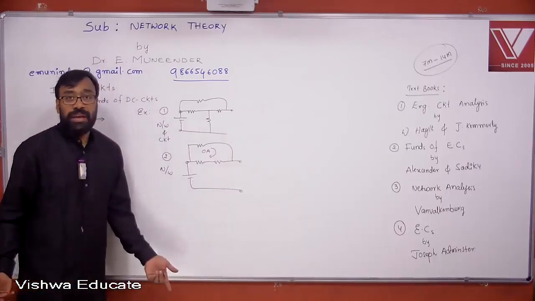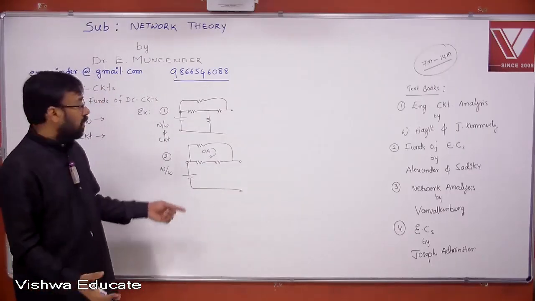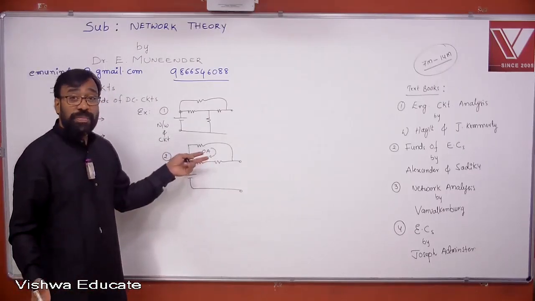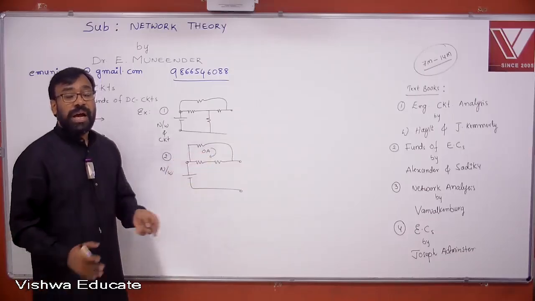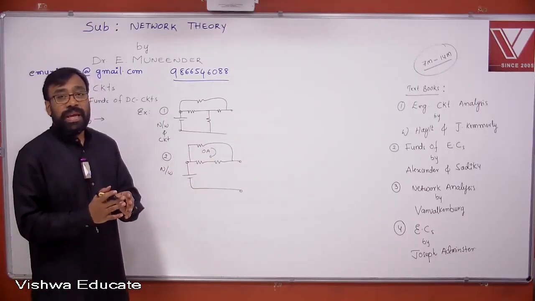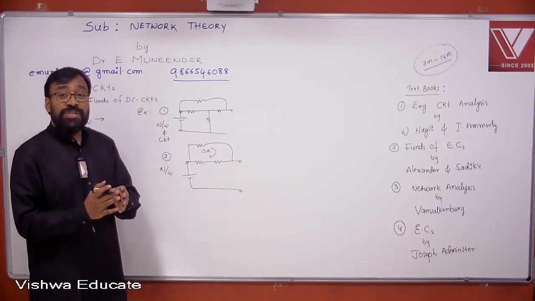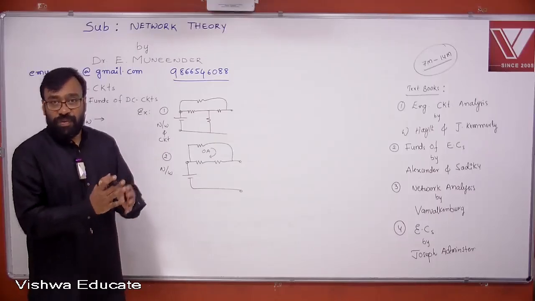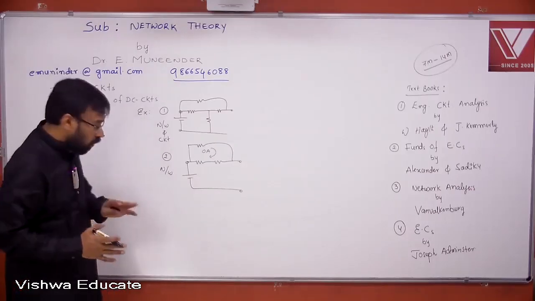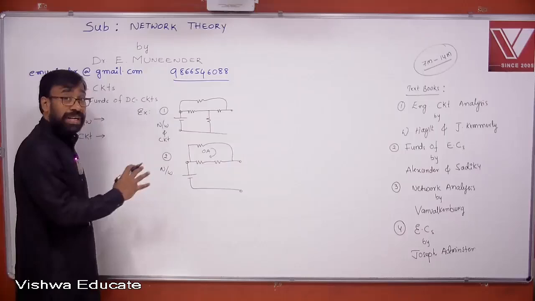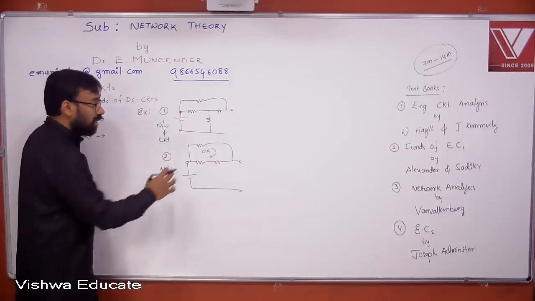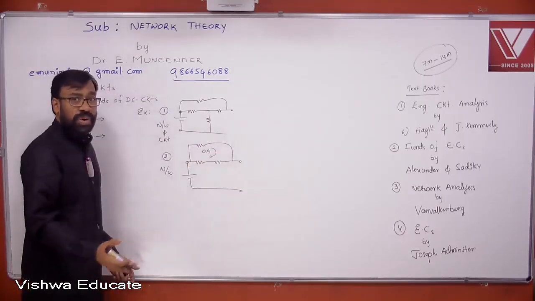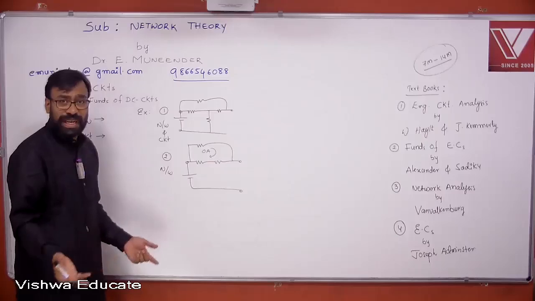So I don't have a purpose of having the closed path here. It's not meeting my purpose here. I expect that closed path, in which there is always certain amount of current flowing. Yes or no, all of you? That is why I call it only a network, but I cannot call it a circuit, because it looks like a closed path, but there is no current. But I want a closed path only for the sake of current.